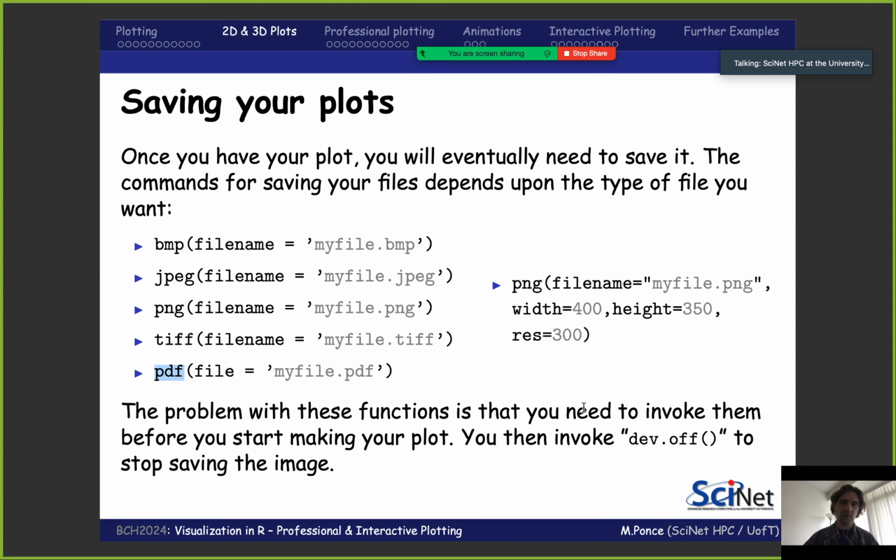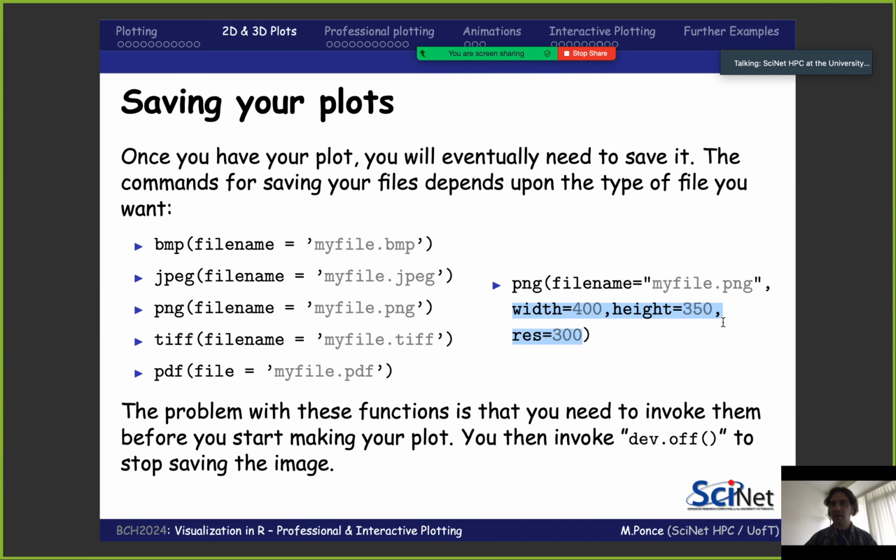I saw a question, I will get to it in just a second. The other important thing is that in many of these formats you can specify the size and the resolution. Again, this is important when you are preparing plots and figures for your publications, because nowadays most journals, not all of them, have very strict criteria and conditions for accepting your figures.